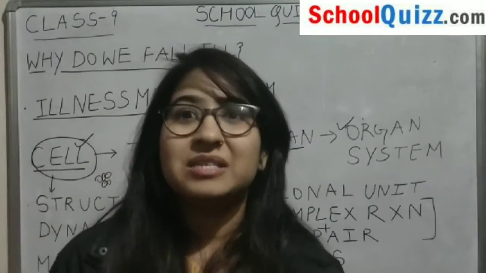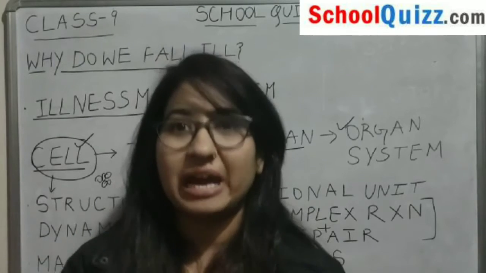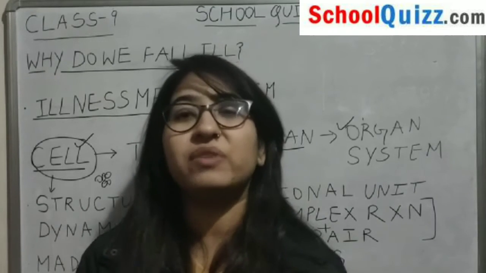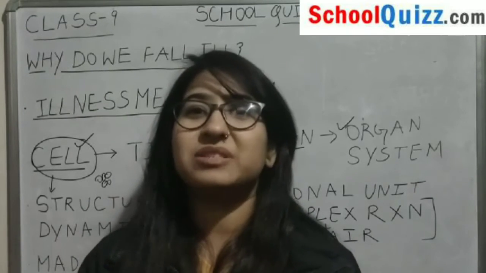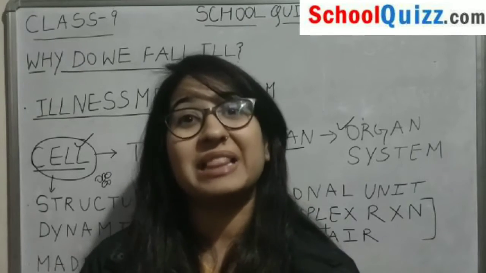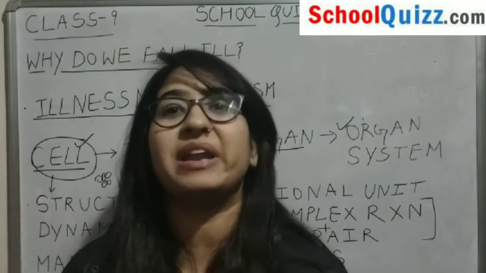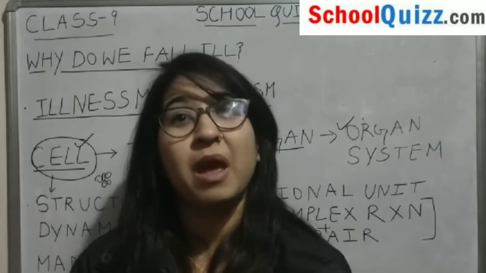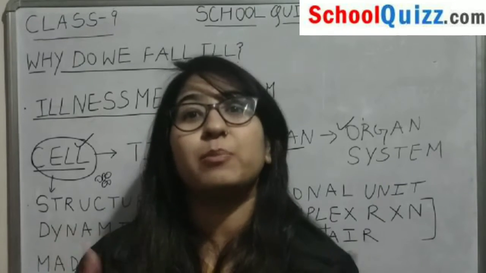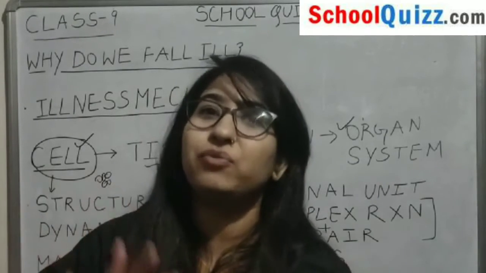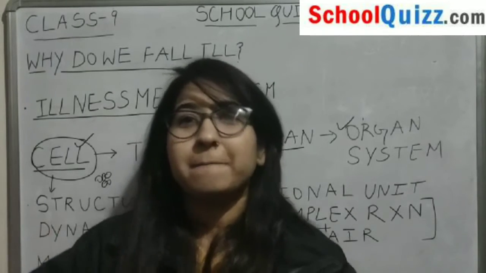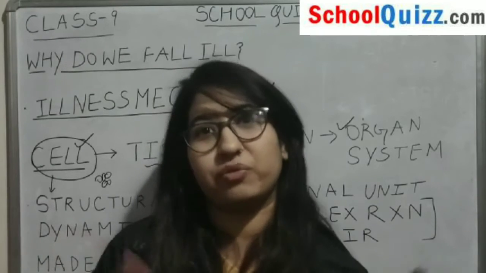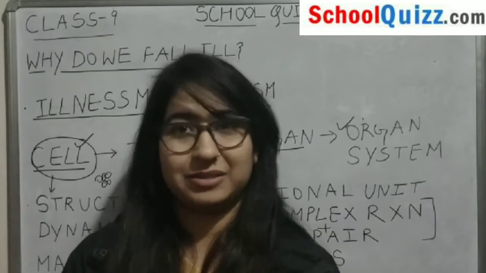On the contrary, the cell is a dynamic system, and a dynamic system is a system which is continuously in motion, or continuously working. Like we know that when we sleep, at that time also our body is very active. Suppose at night we had food and went to sleep, but at that time also the machinery of our body is involved in digestion of that food, and after digestion it will be transferred to the kidney, and the kidneys will play their role in the filtration of that food and other things.